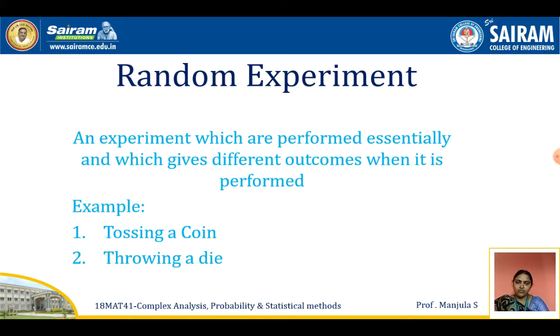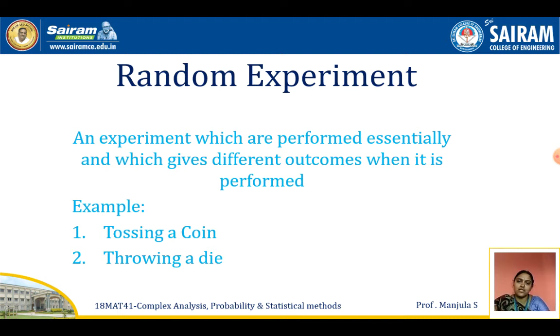For example, tossing a coin, throwing a die. When the experiment happens, we get some solution, but only after seeing it can we tell which one it is. We can't guess exactly which outcome will come as the solution.